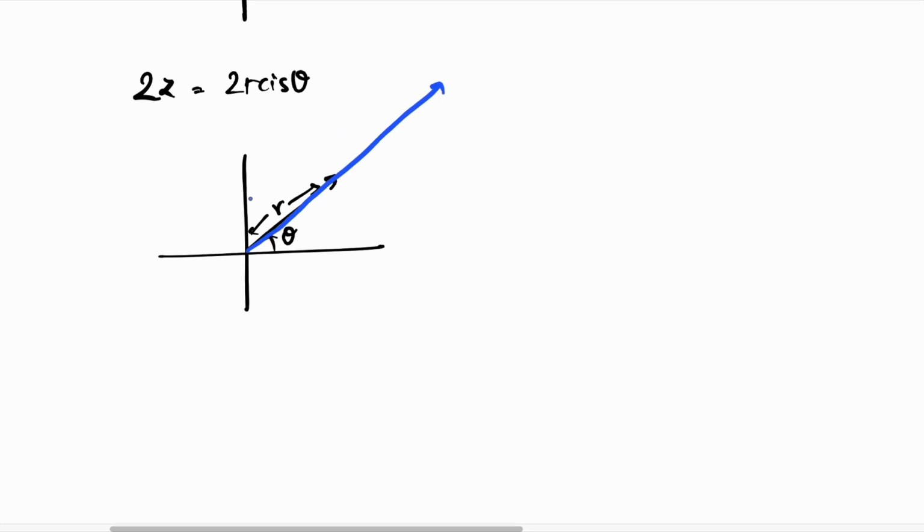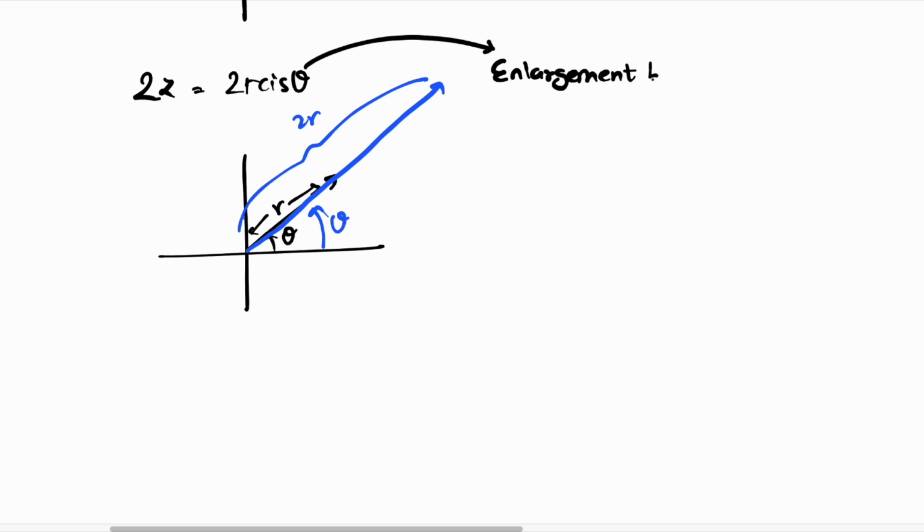So my complex number is of length 2r, while the angle remains the same. So this transformation is basically called an enlargement by scale factor 2.